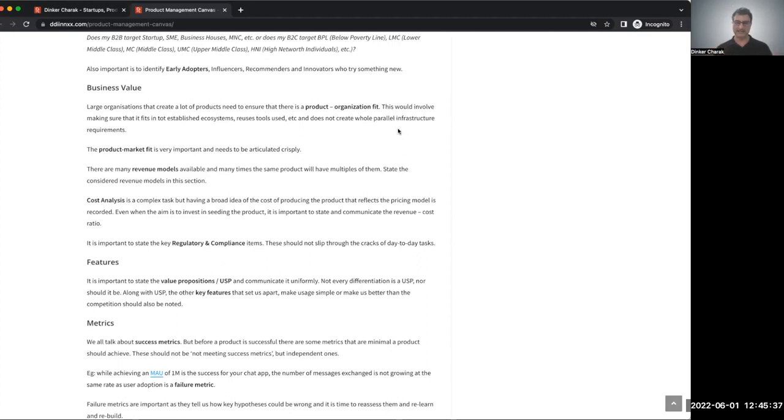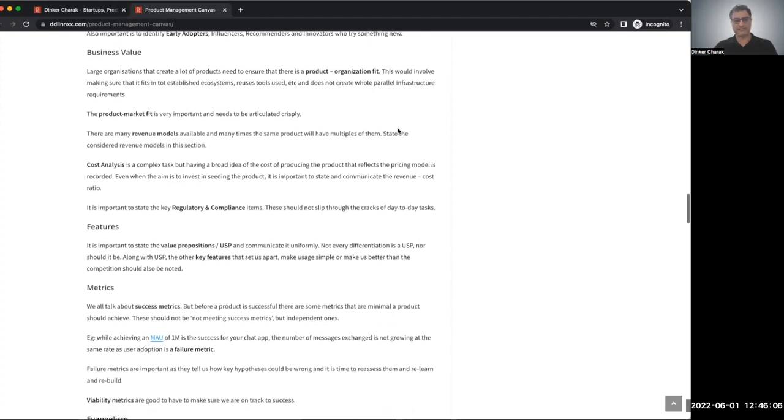In that scenario, at some point, your product is going to have a dissonance with the vision of the organization, and you may lose funding, you may lose the interest of the execs. Thus, it's very important to understand: does the product that I'm envisioning, that I'm building, that I'm skunk working, fit the organization that I'm part of that ultimately has to own this product? So that's a very important thought process, right?